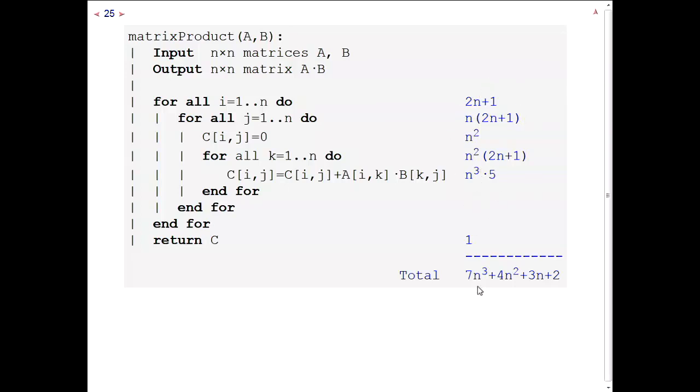The main factor, and this is what determines the actual runtime behavior of this algorithm, is the 2 times n squared and 5 times n cubed. So we have 2 cases where we have a cubic number of steps that we have to execute. And this gives our total runtime here.